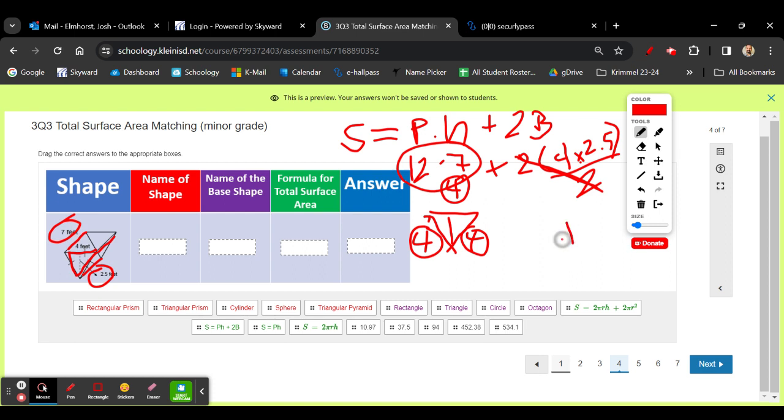So we got 4 times 2.5. So that is going to give us 10. So 7 times 12, so the total surface area is going to give us 84 plus the area of the two bases, which is 10.